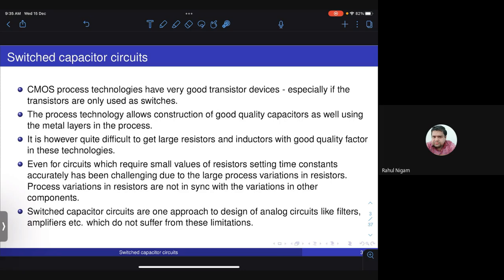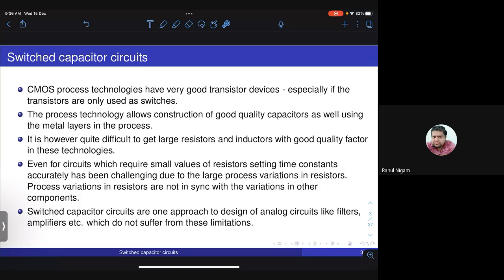For example, if you say I need a resistance of 200 ohms, the variations in the resistance value from chip to chip, and between two resistors within the same chip, are quite high, because the entire CMOS process is optimized to give you the best transistor performance. That's because the market is mostly dominated by digital circuits.